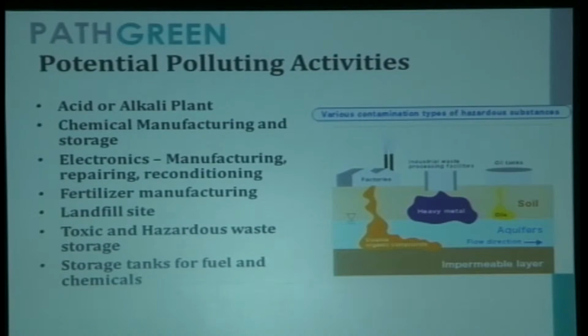These are some of the potential polluting activities. They might come from different industries. These are some of the concerns that you might need to think of. You have plants that have a lot of storage of toxic things, so you might need to embed some tanks underneath. Do you do regular checking?